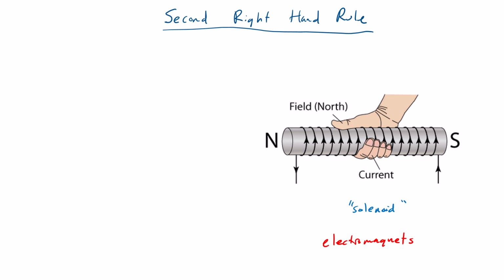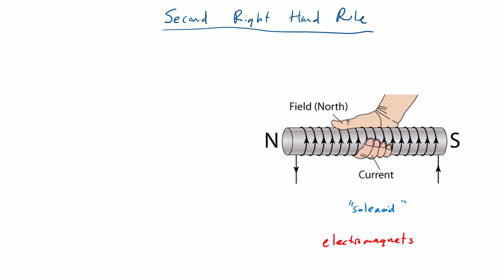So in these solenoids, we have our second right-hand rule. This time our fingers wrap in the direction of the current around the loops, and whatever way our thumb points in coordination with the fingers curling with the current, our thumb points toward the north end of the magnet that is created by the solenoid, just like we see in the picture.